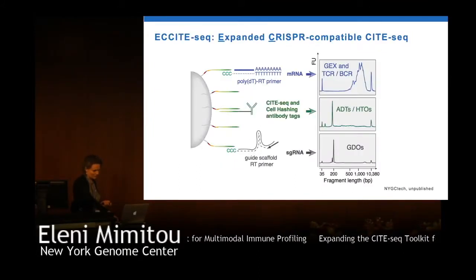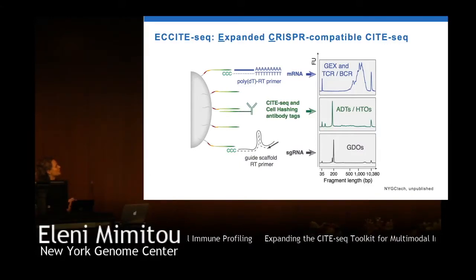So to sum up, we are very excited to announce ECCITE-seq, which stands for Expanded CRISPR-Compatible CITE-seq. In this single assay, we can get from single cells information about gene expression, TCR alpha beta, gamma delta, BCR, even though I haven't shown it yet.